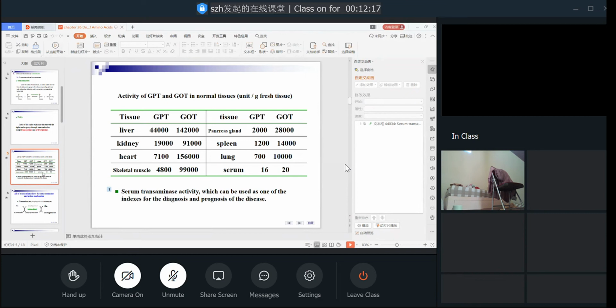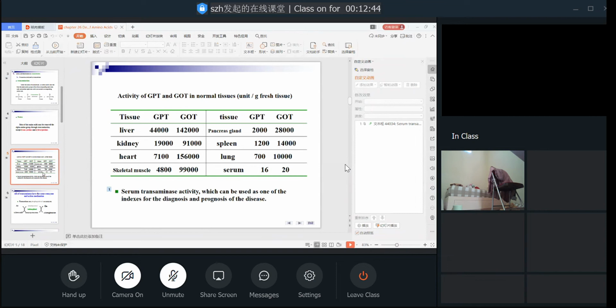these enzymes are very high. Here the G means glutamate, the P is pyruvate, T is transaminase.